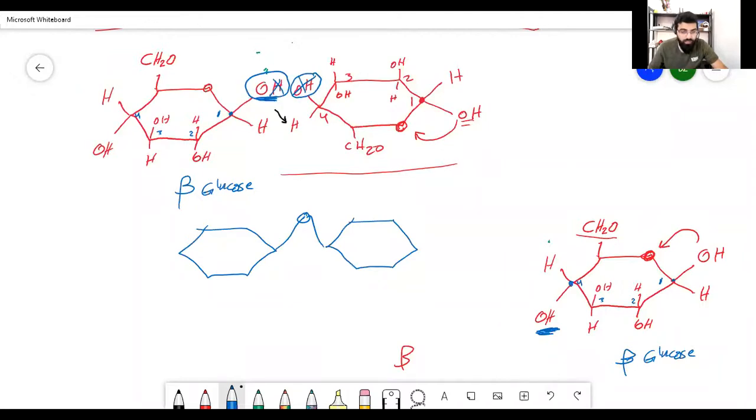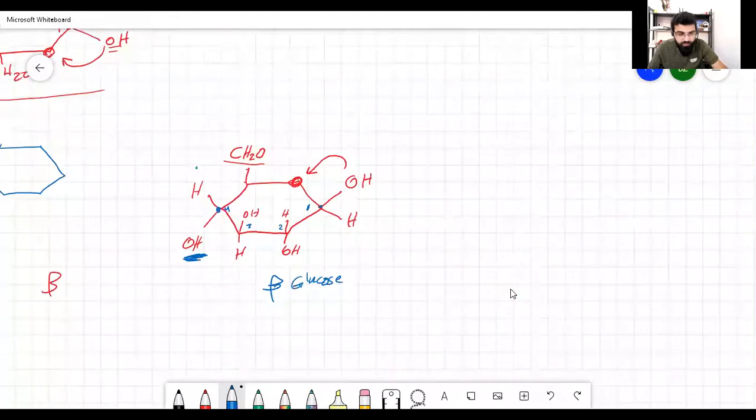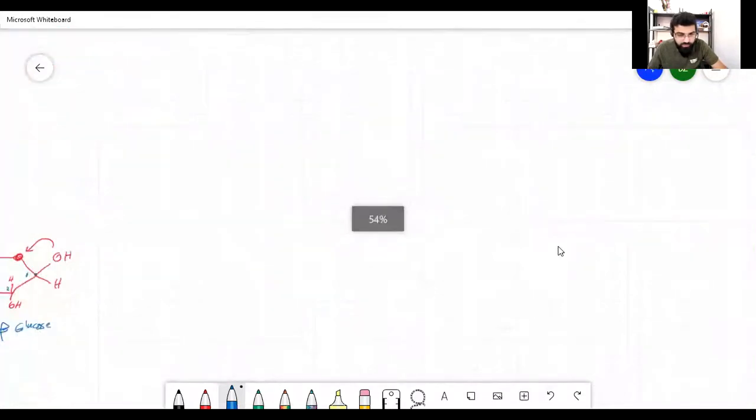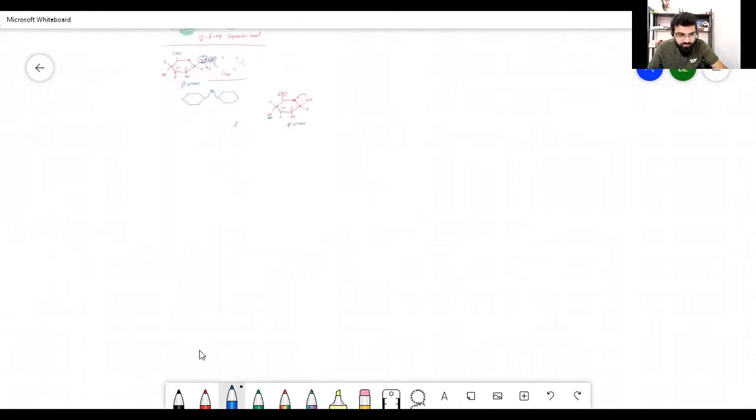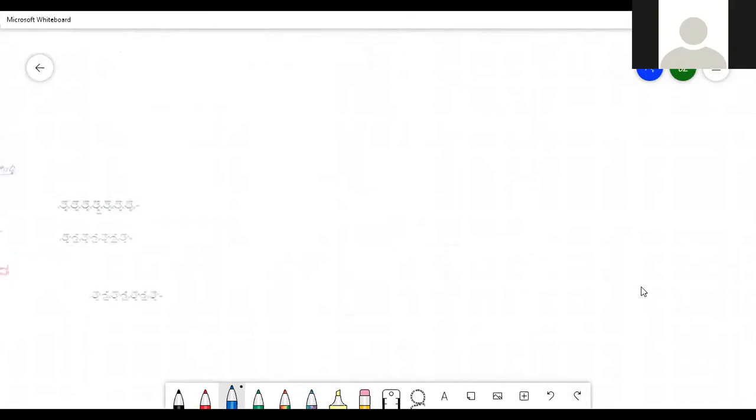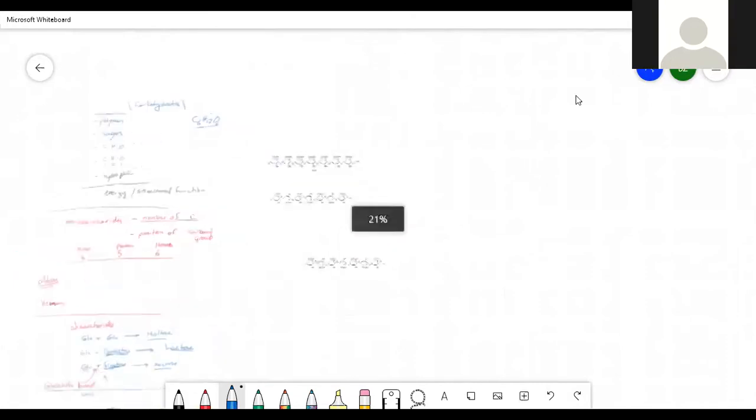What if we bring another one beside it? Let's see, I will give you 2 examples: a chain of alpha glucoses and a chain of beta glucoses. What's the bond called between these? Glycosidic bond.